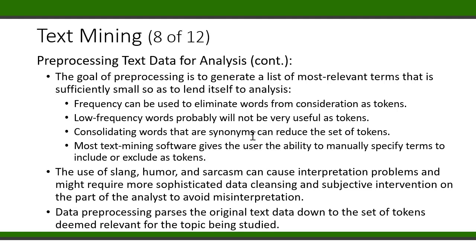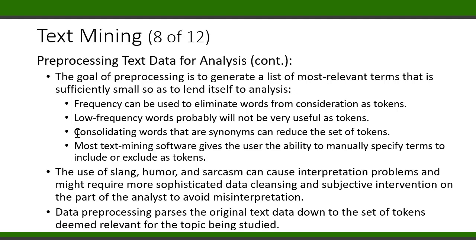We might combine words that are synonyms to reduce the set of tokens again. And there's specific software out there that can manually specify terms to include or exclude as tokens. I'm going to research some more, but I hope to find a text analysis add-in for a spreadsheet that you might be able to use, and we can actually perform some of these types of calculations.